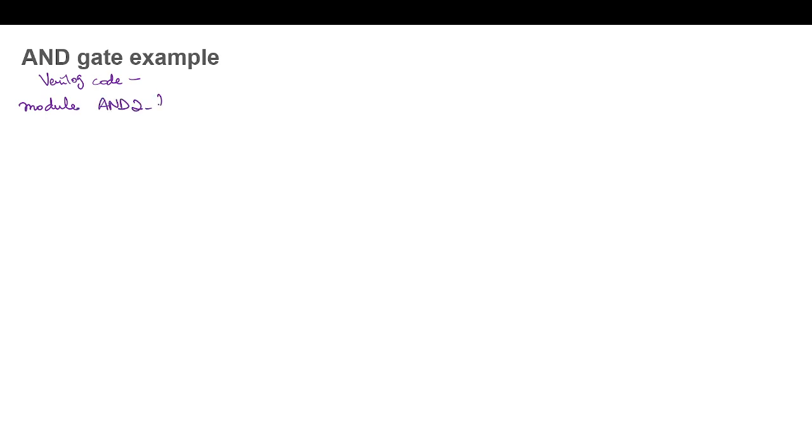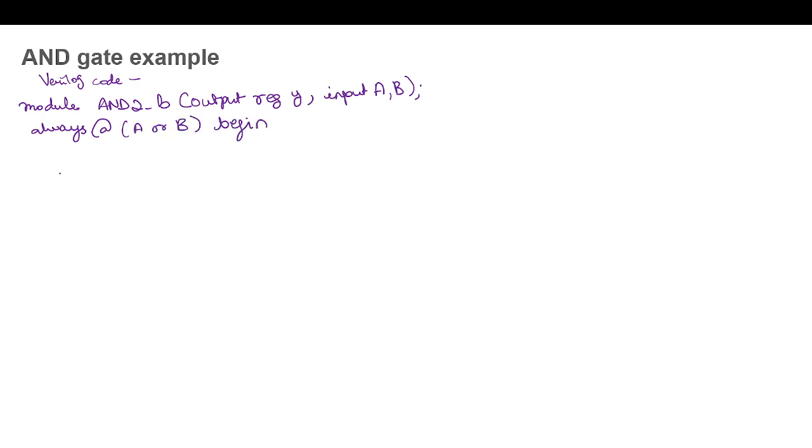Let us write it in behavioral style only. The output port is a reg type variable y, inputs a, comma, b, and then always at a or b, whenever any input a or b changes, begin.